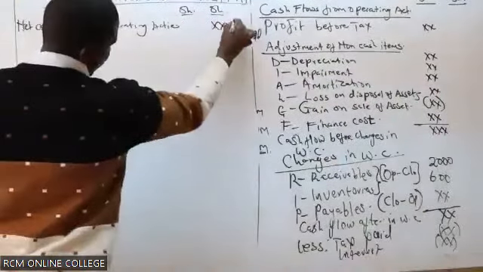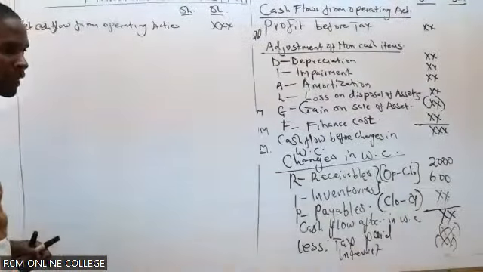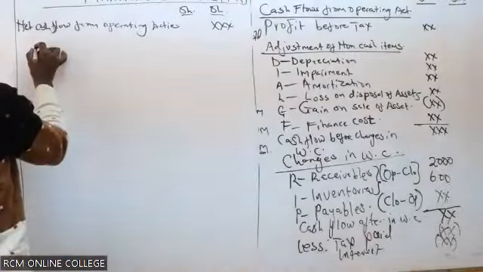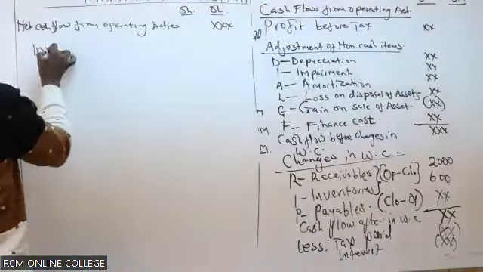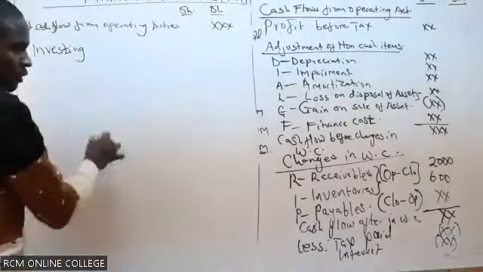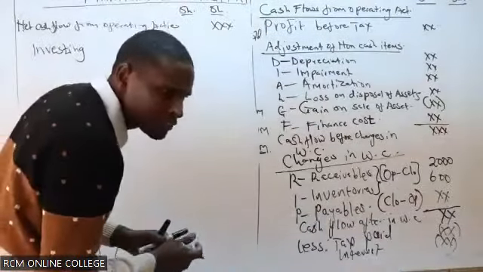I put it there. And then class, you go to the other activity, which is investing activities. So in our next class, I know we shall be able to do it. What is the time? 41. So I have about 10 minutes.